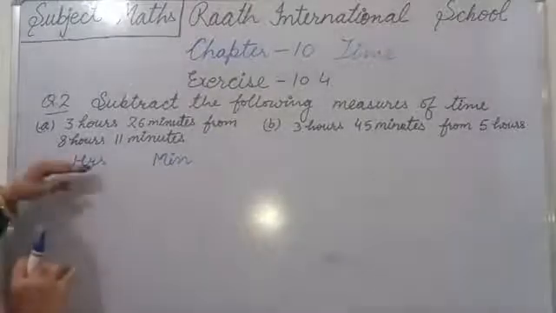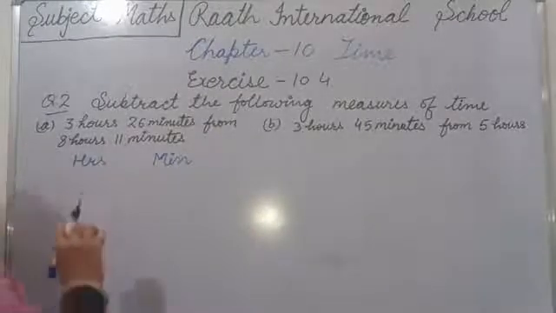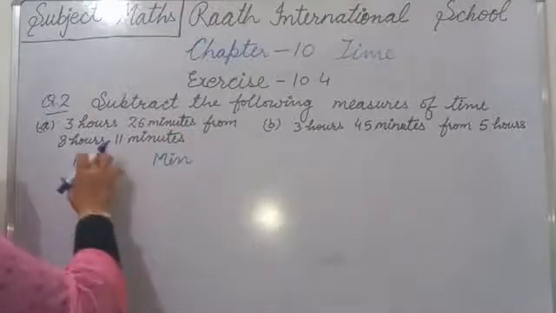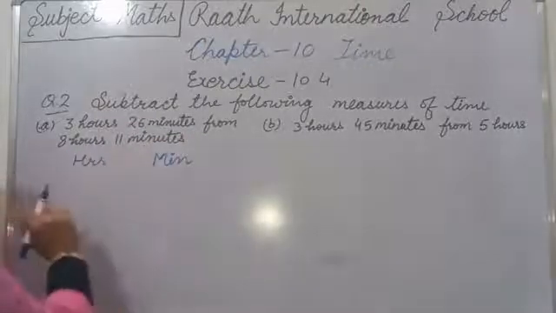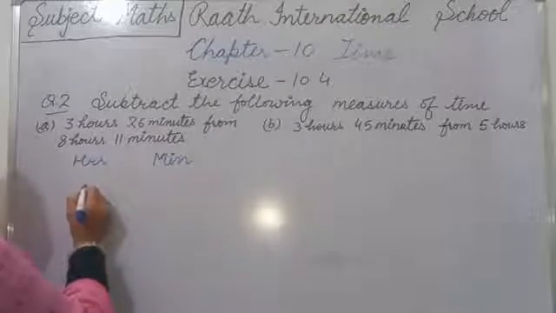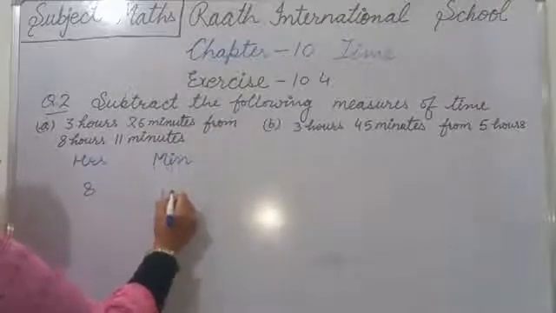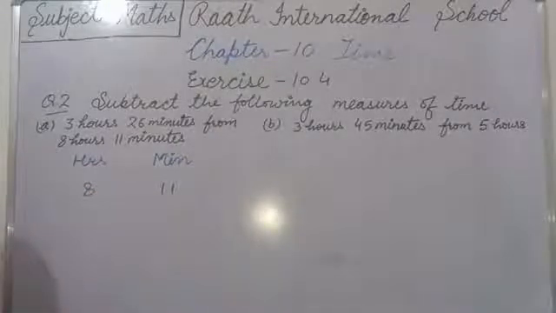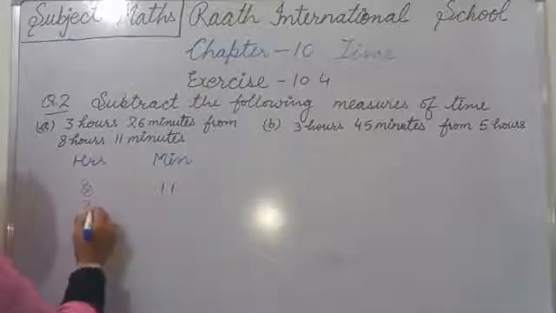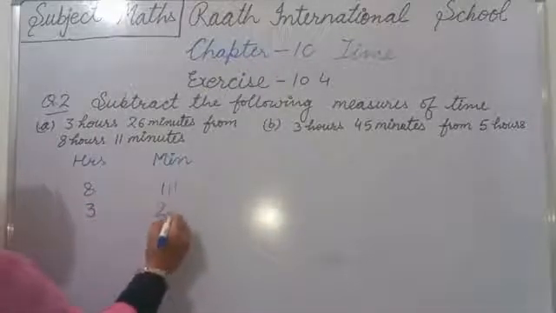So after "from" we have 8 hours 11 minutes, so we write here 8 hours 11 minutes. Now we subtract 3 hours 26 minutes, so we write here 3 hours 26 minutes.